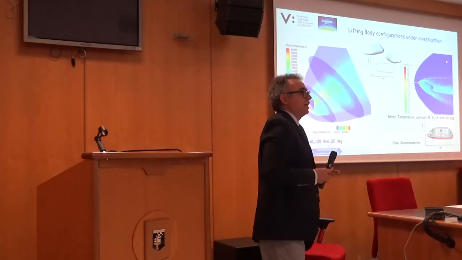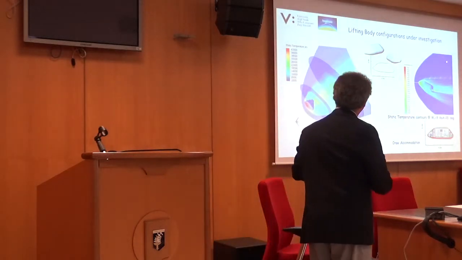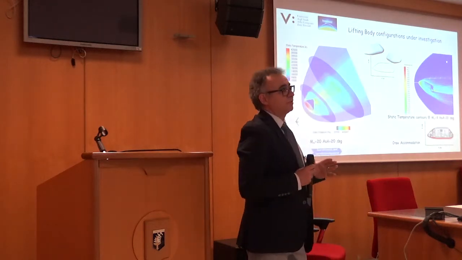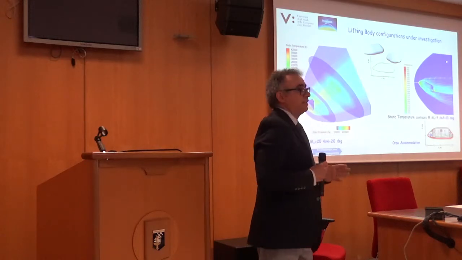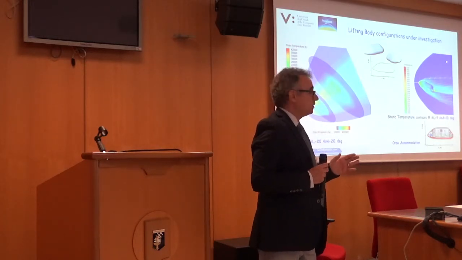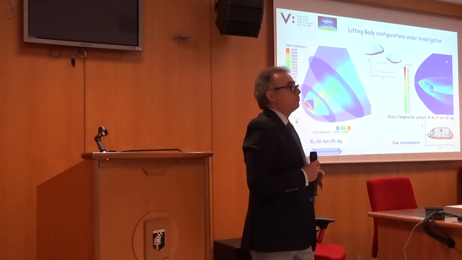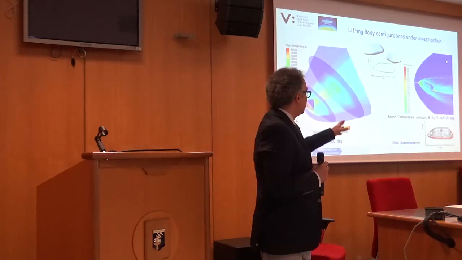Finally, this is the last example I am able to provide, results about lifting body vehicles. We have on the left side an Apollo-like capsule, and on the right side a feasibility study we did about a man-rated mission to Mars.